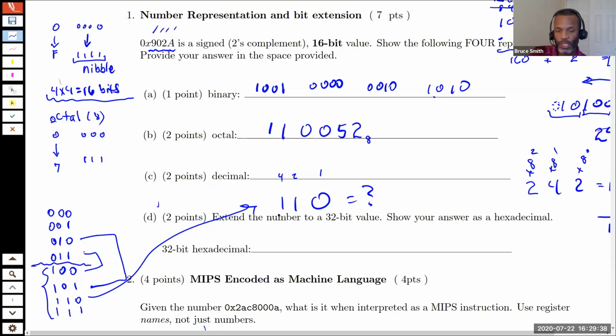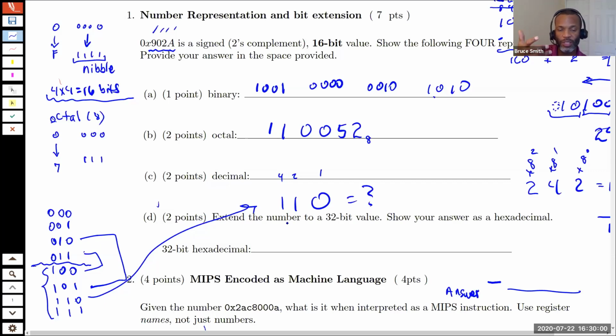In order for me to figure out what this value is, now that I know that it's 2's complement, I'm going to say, oh, it's a negative number, and get ready to write the answer down here. So what is the magnitude? In order for me to know the magnitude, I have to undo what I did before in some sense.